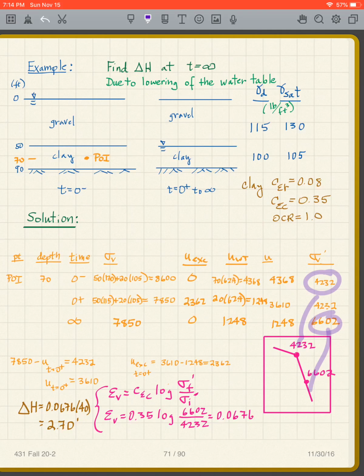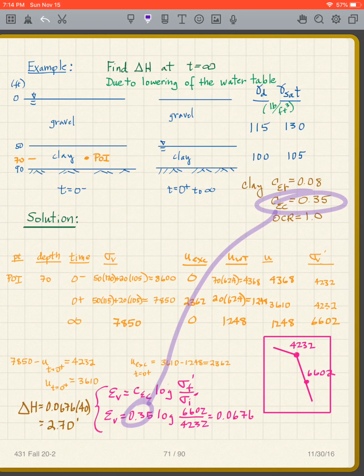I'm going to have the 6602, and that means my strain will simply be C epsilon C log sigma prime F over sigma prime I. My C epsilon C is given to be 0.35. I use that there, 6602, 4232, and I get my strain is 0.0676.